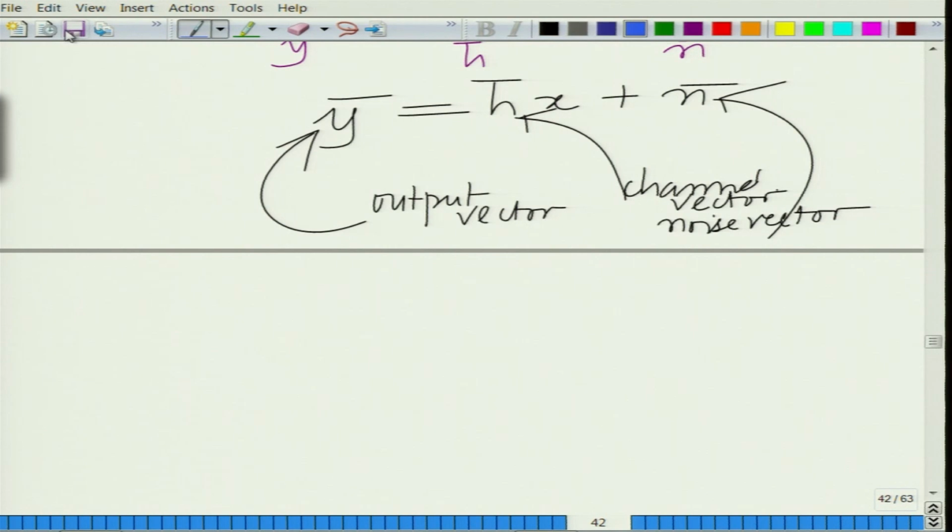Now, to perform beamforming, remember we started with the idea that you can form a narrow beam and maximize the signal quality or the signal to noise power ratio.